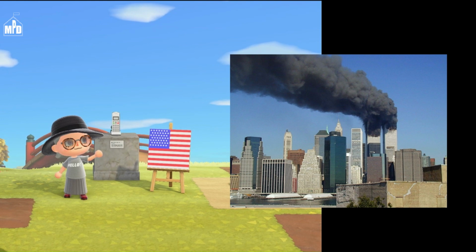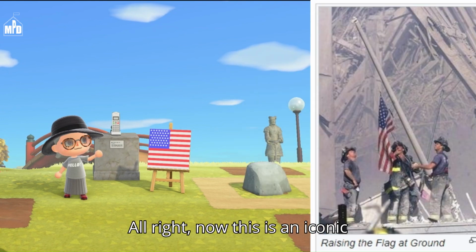Now, this is an iconic photo from that day. You look behind these three firemen, you'd see all of this, just a pile that was so high of steel and concrete. It was just horrible.